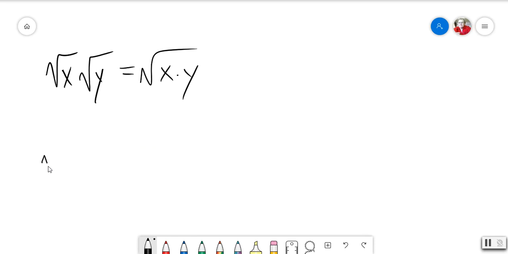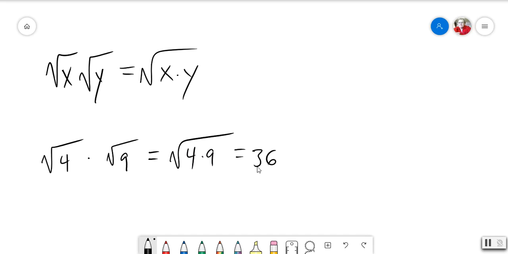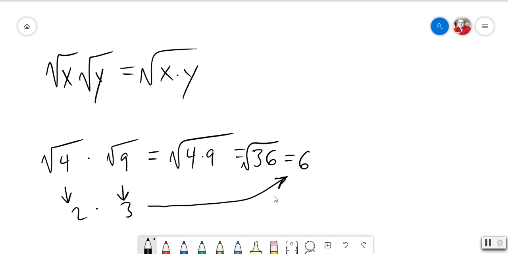So to give an example of that, if I had the root of 4 times the root of 9, that's the same thing as the root of 4 times 9, which is 36, and the root of 36 is 6. Well, the root of 4 is 2, and the root of 9 is 3, and 2 times 3 is 6. So that proves it would work exactly the same both ways.